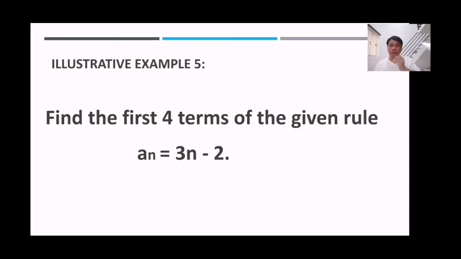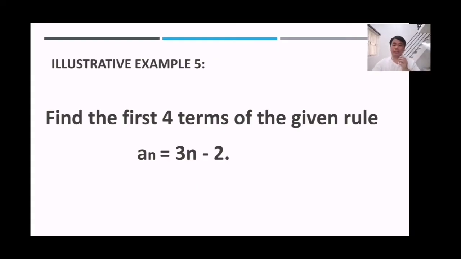Okay, if we are to go back with the definition of sequence, nakalagay doon, indicated yung a sub 1, a sub 2, a sub 3, a sub 4, and so on and so forth. Okay, so yung first 4 terms natin will be represented by a sub 1, a sub 2, a sub 3, and a sub 4. So obviously, yung unknown natin dito na n, papalitan lang natin ng 1, 2, 3, and 4. But we will solve that differently.